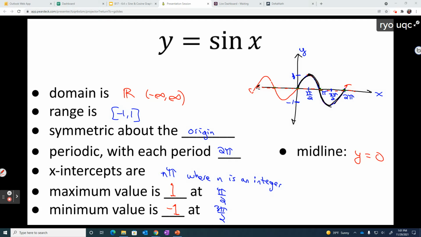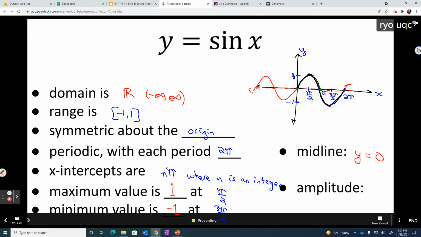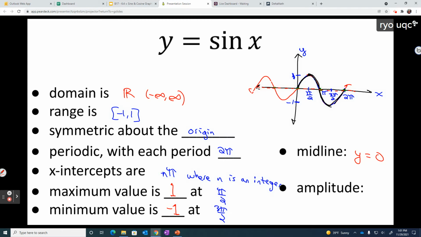And then another thing that we did mention before, which was amplitude. The last thing for this one. Amplitude is the height. Remember from last Thursday. It's the height from the midline. So we're going to start at the midline to the top or the midline to the bottom. So that's defined as the amplitude.